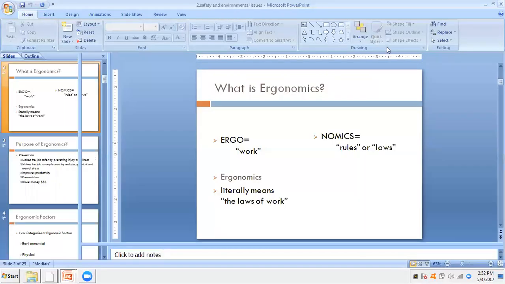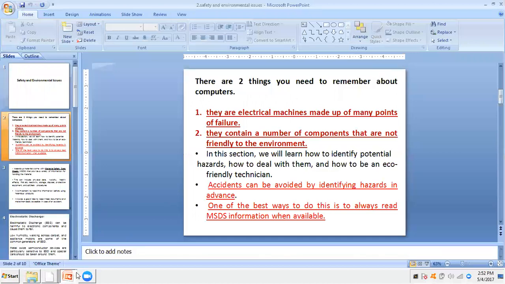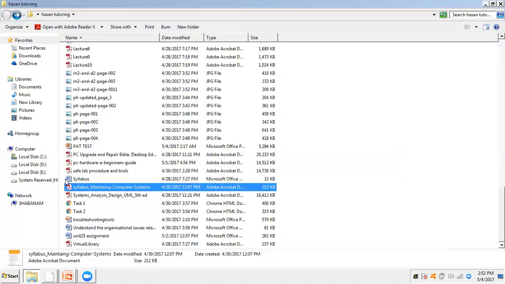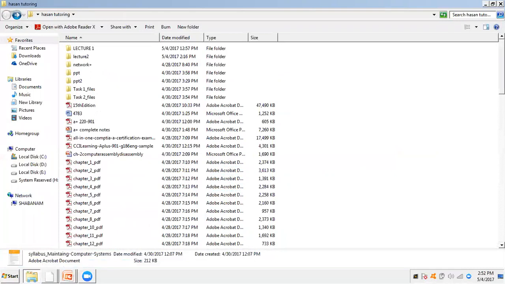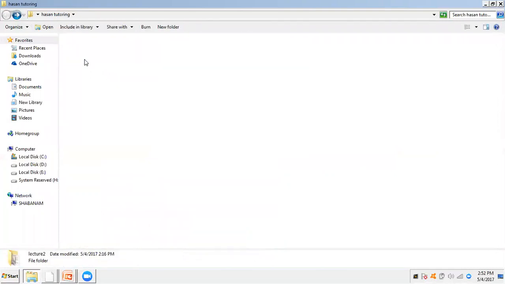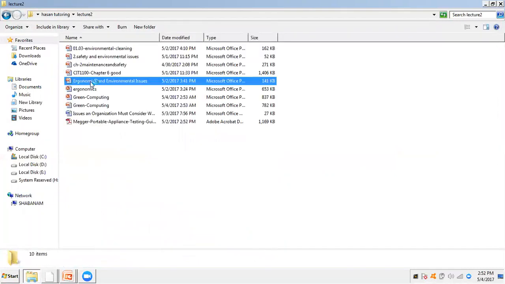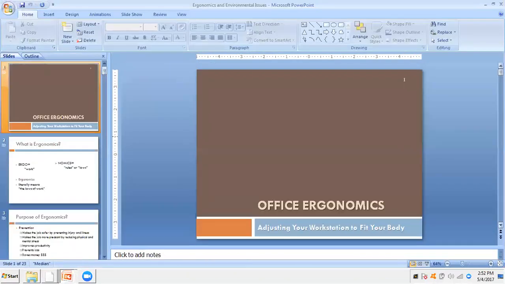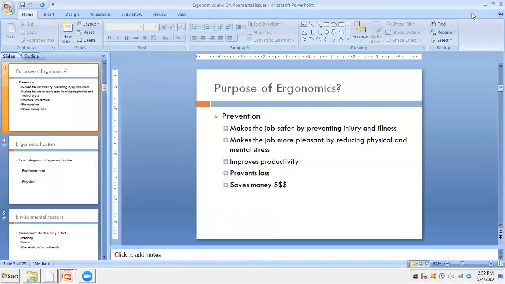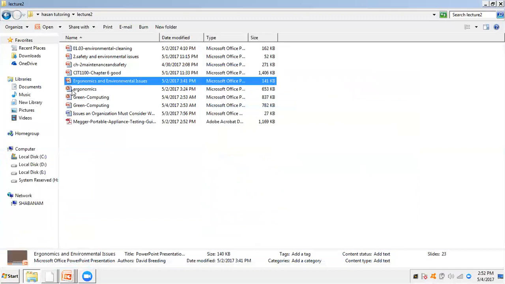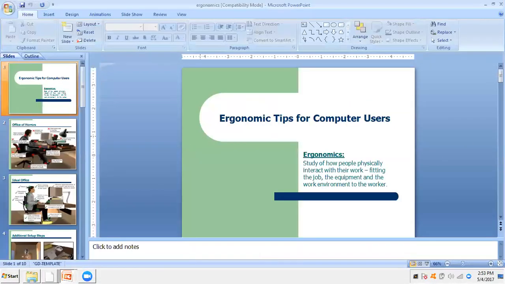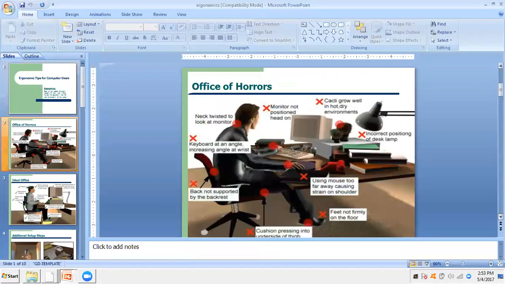Now we will see some postures in this diagram. See this office horror.